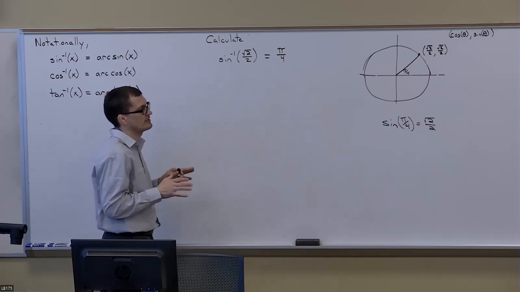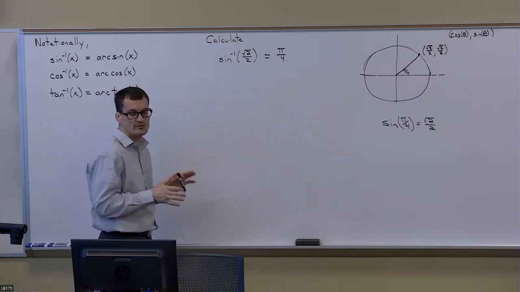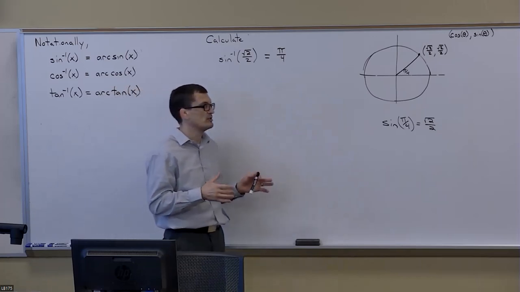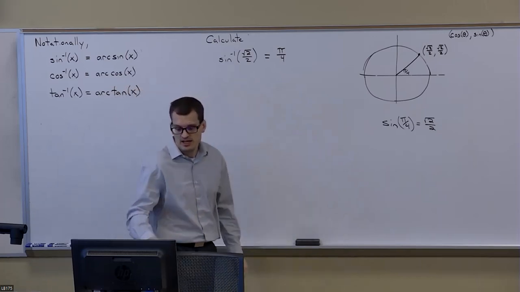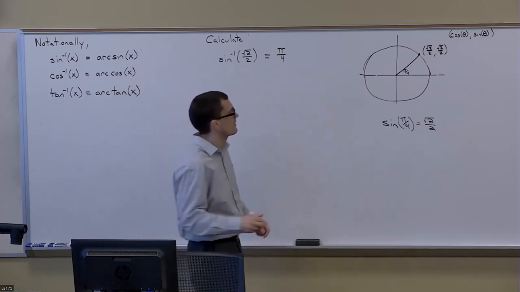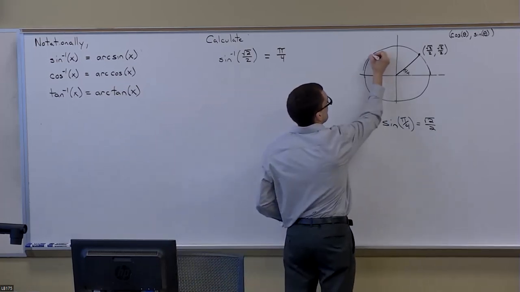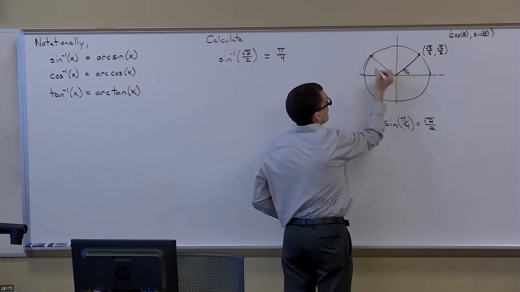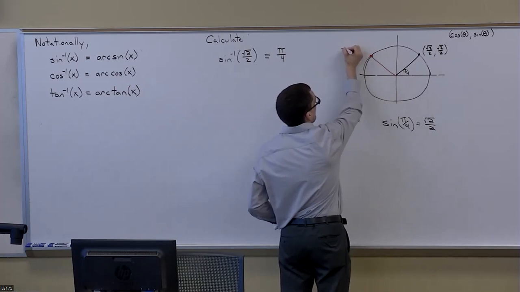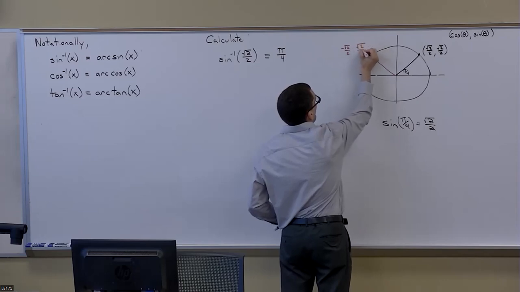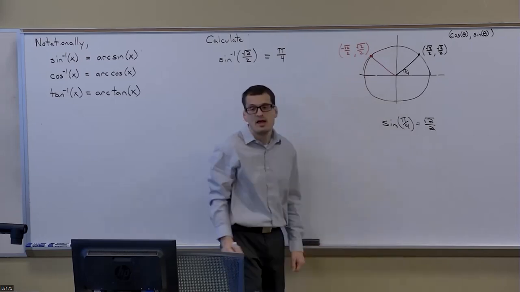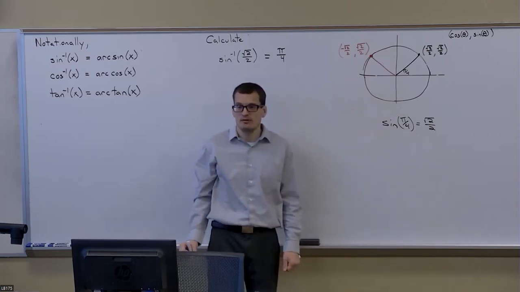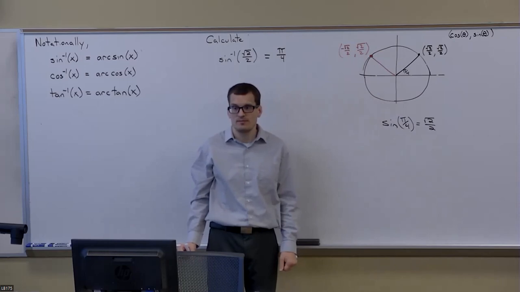Now, here's why we have to concern ourselves so much with the domain and range, well, with the outputs specifically of sine: on the unit circle, there was another angle whose y value was root 2 over 2. And that was 3 pi over 4, right?